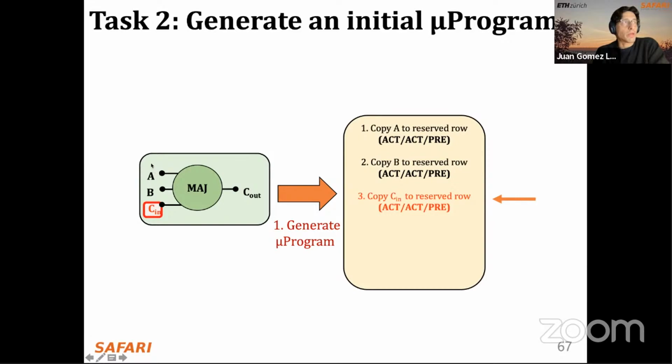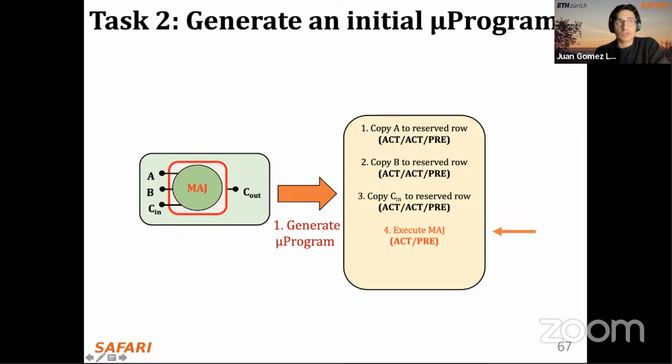So for example, if we have A, B, and C in some data rows, the first thing that we will have to do is to copy these 3 rows to reserved compute rows, where we can activate 3 rows at the same time and execute the majority operation.